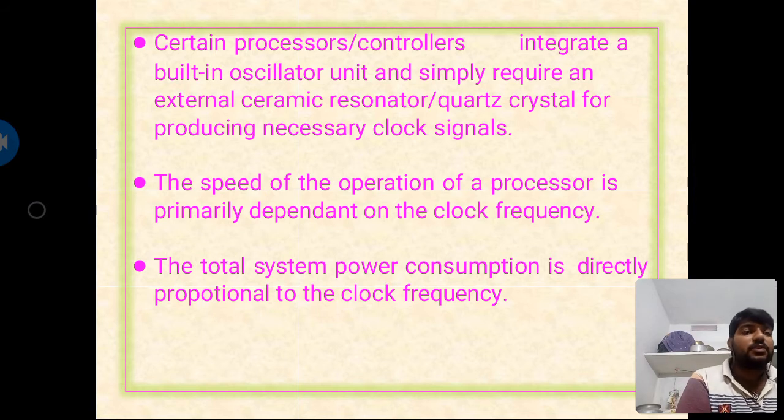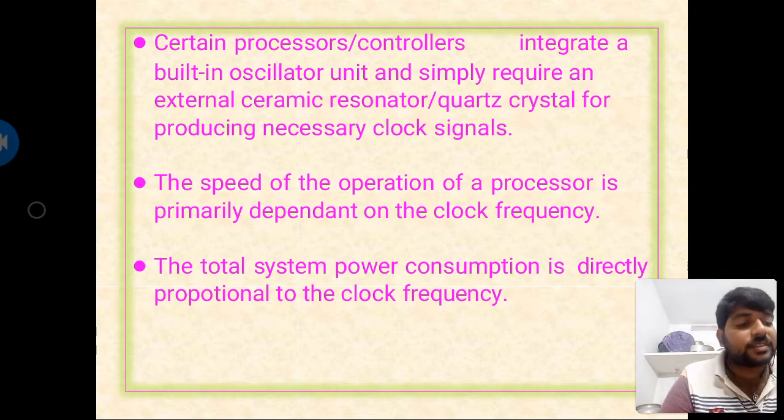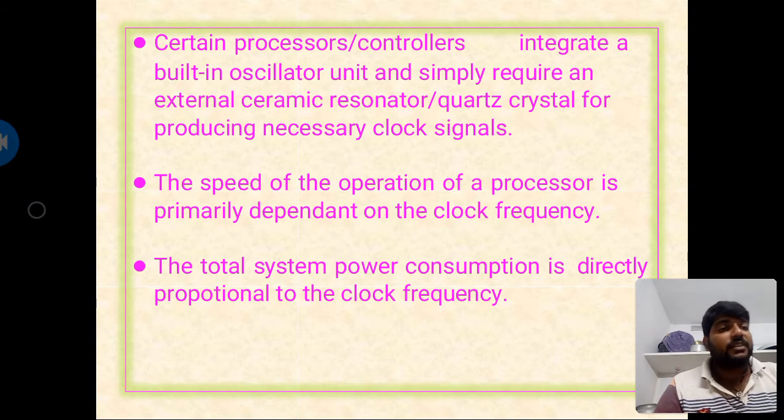The oscillator circuit uses a crystal or quartz crystal oscillator in microprocessors and microcontrollers. Power consumption is directly proportional to the clock frequency, so it is necessary to maintain the proper clock frequency for proper functioning of the system.